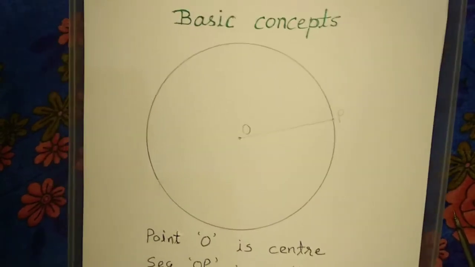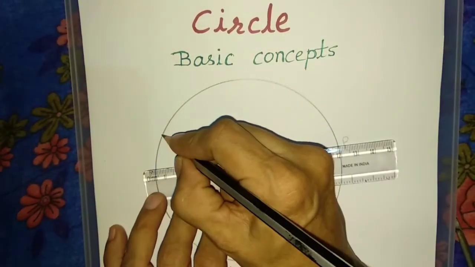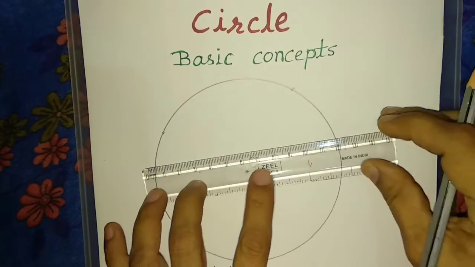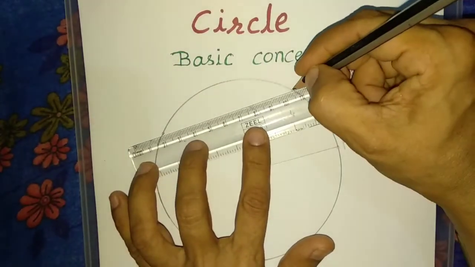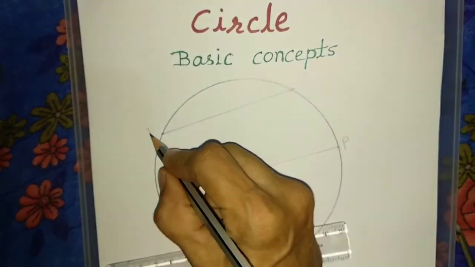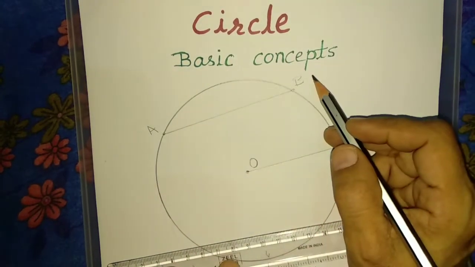A segment joining any 2 points on circle is known as chord. Here A and B are points on the circle.